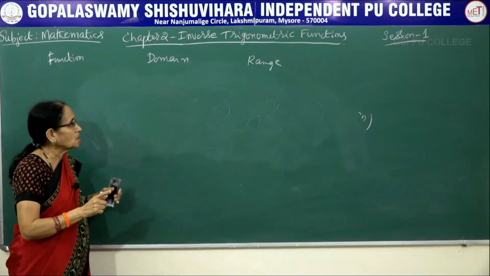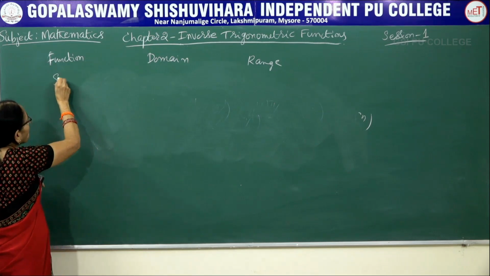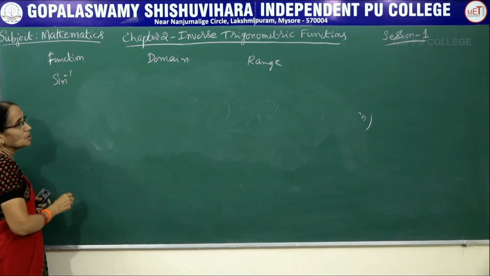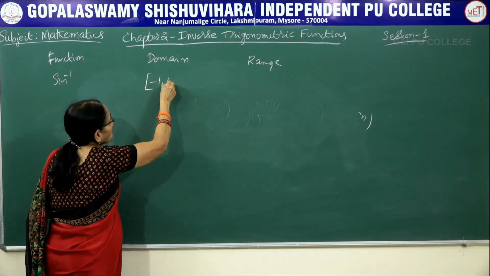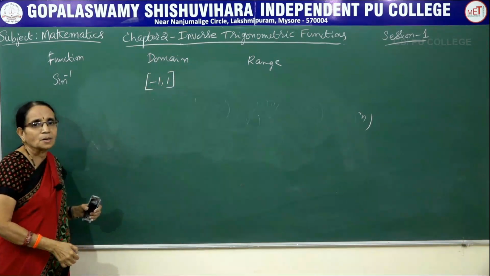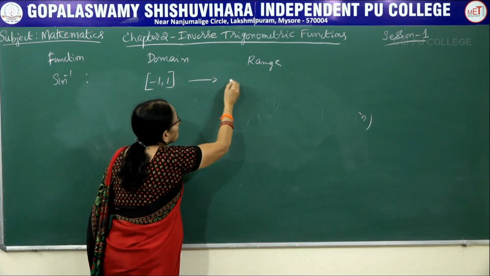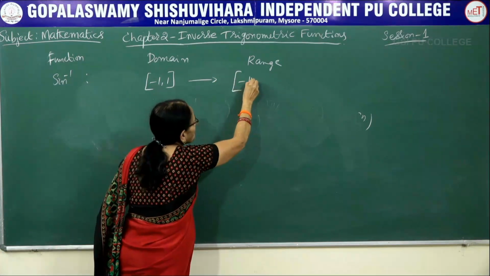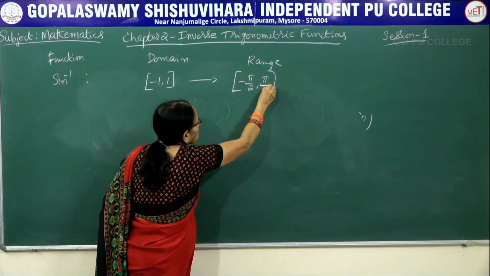It's usually given in a 1 mark question in part A. Okay. Now, first function is sine inverse. Just now I told you what the domain of this one is. It is the closed interval minus 1 comma 1. Now, what is the range of this one? The range is the closed interval minus pi by 2 and plus pi by 2.